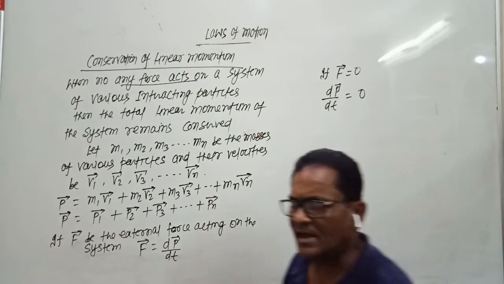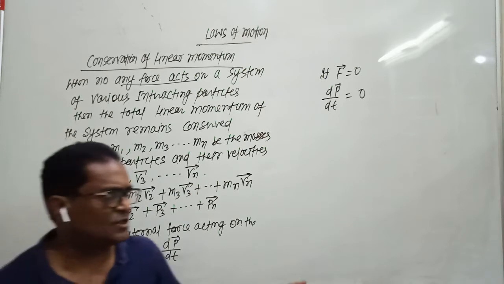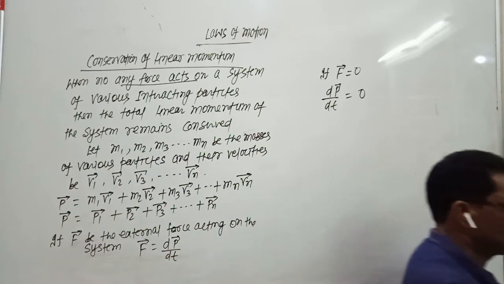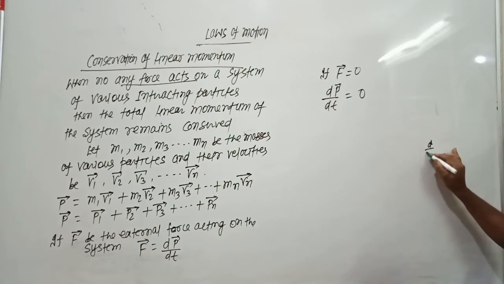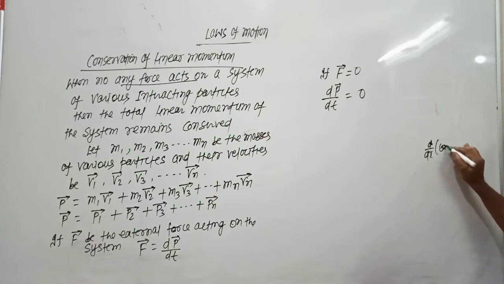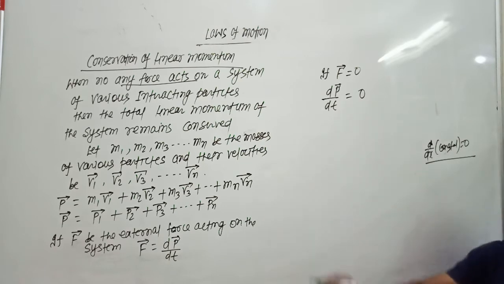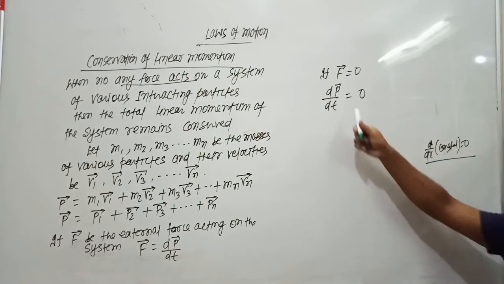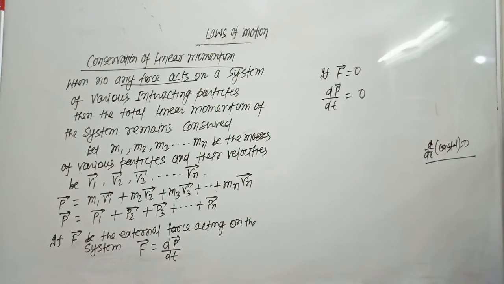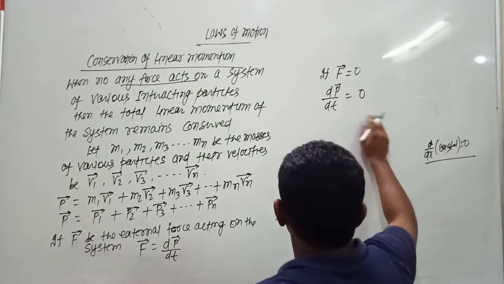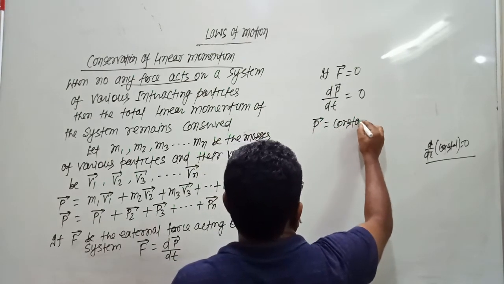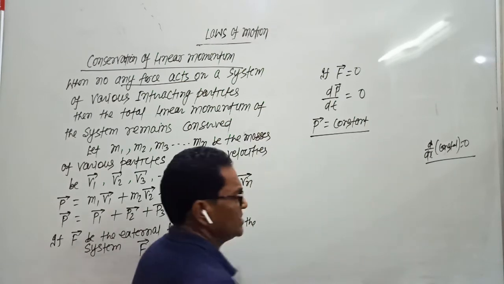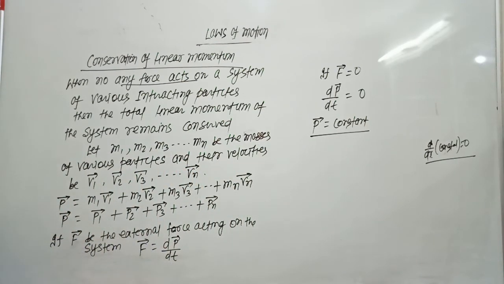Differential coefficient of linear momentum is 0. And if the differential coefficient of any term is 0, then that term is a constant, because we know that differentiation of a constant, d by dx of constant, equals 0. So from here we conclude that p is constant. Total linear momentum is constant. It means it remains conserved.